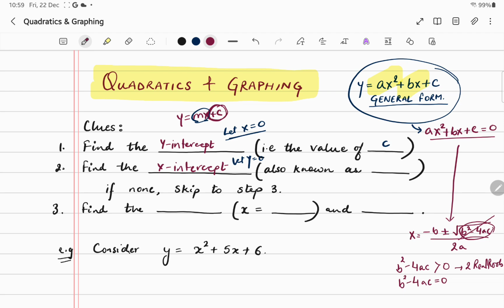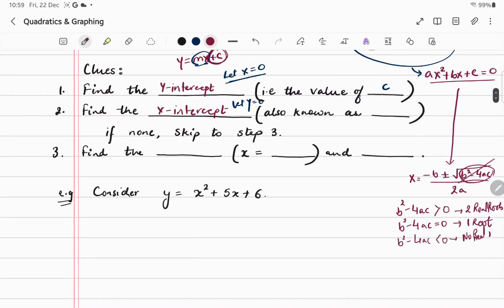Because this plus or minus has no value now. So that will give us one real root. And if b squared minus 4ac is less than 0, that is negative, and we cannot do the square root of a negative number. So there is no real root, right? So that tells us that we can have two roots, one root, or no real root.